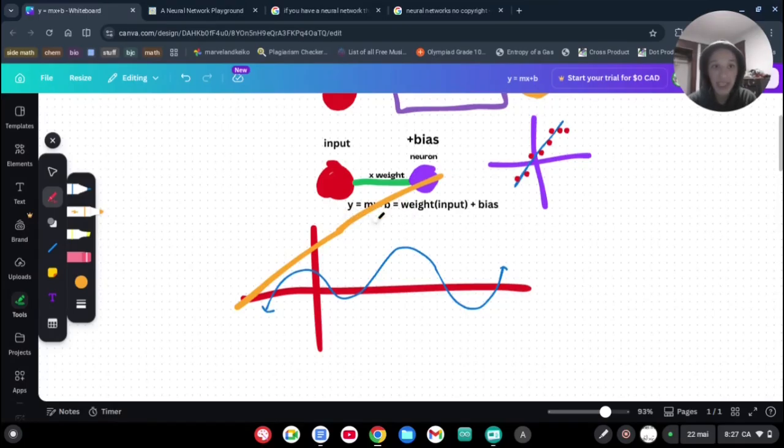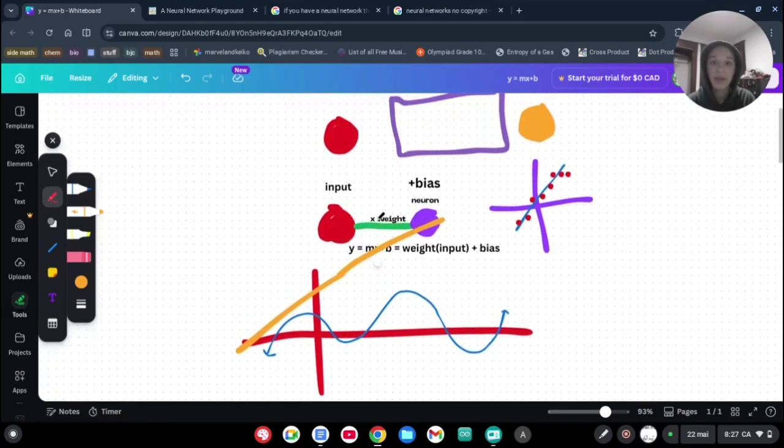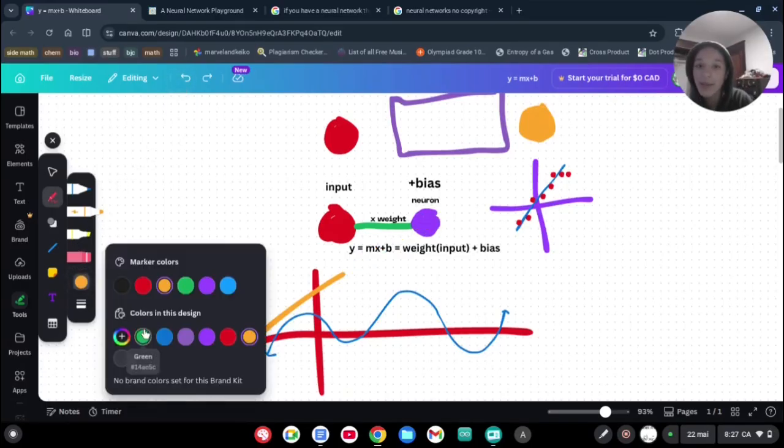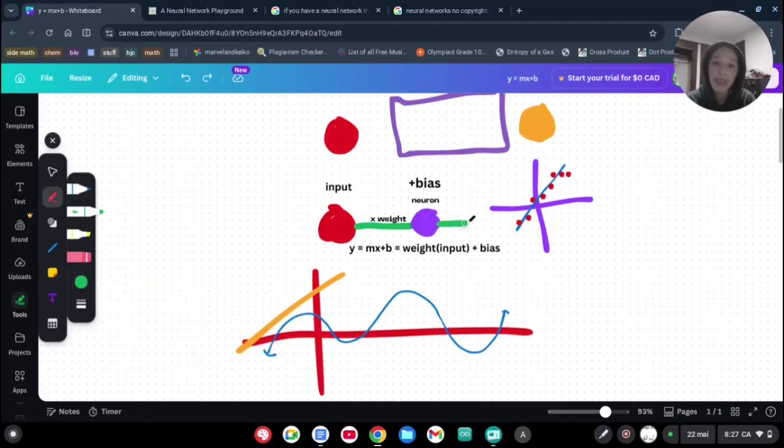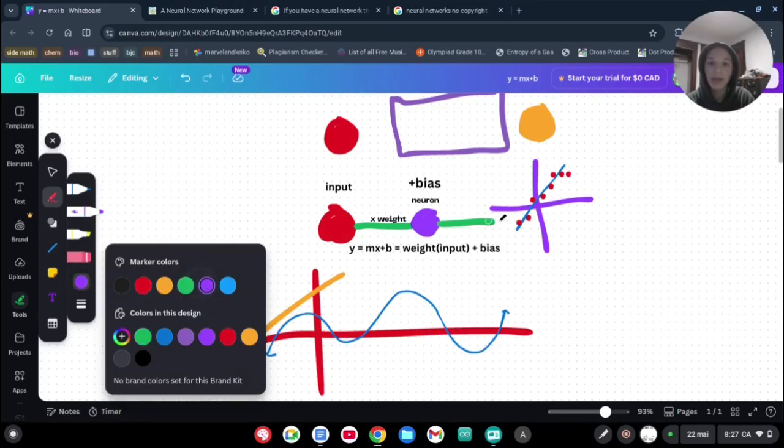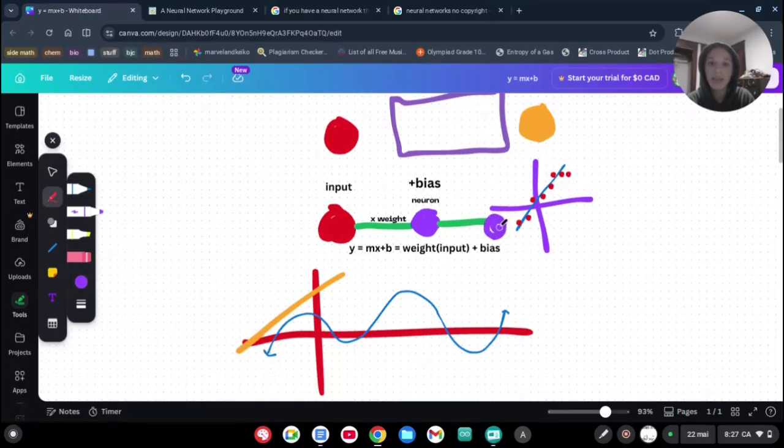But if I just take this mx plus b that I've gotten, which represents this new neuron, and then I decide, well, with this new value, mx plus b, I'm going to multiply it again by a weight, right? And then I'm going to get a new neuron. I'm going to add a bias to it, right? Will that help things at all?